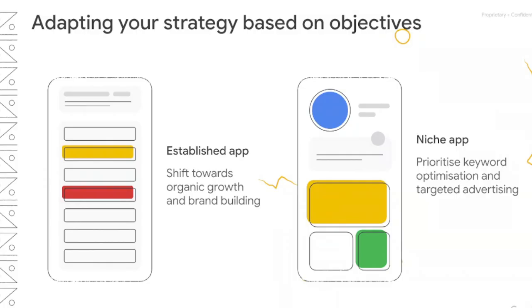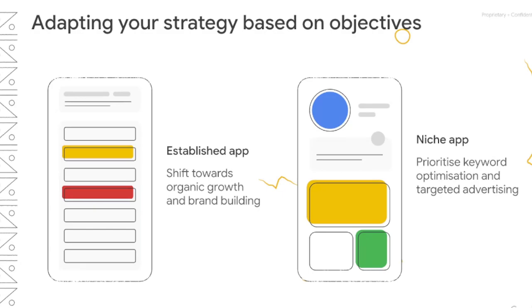While we understand that, we also need to understand how to adapt your strategy based on your objectives, right? If you have an established app with a solid user base, you might shift your emphasis more towards organic growth and brand building. This will obviously involve more content marketing, social media engagement, and also public relations where relevant, so that you can increase your brand awareness and drive organic traffic to your app listing.